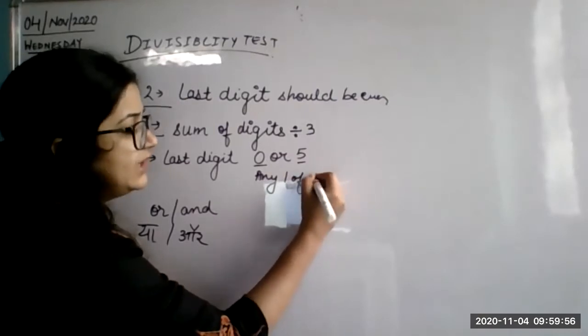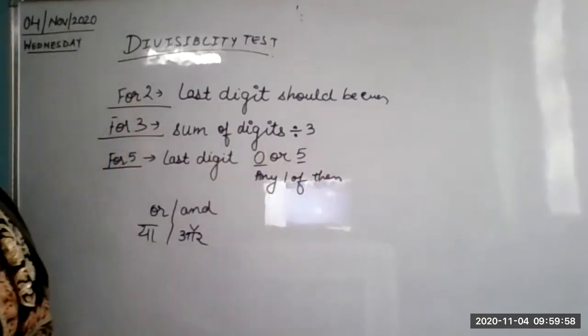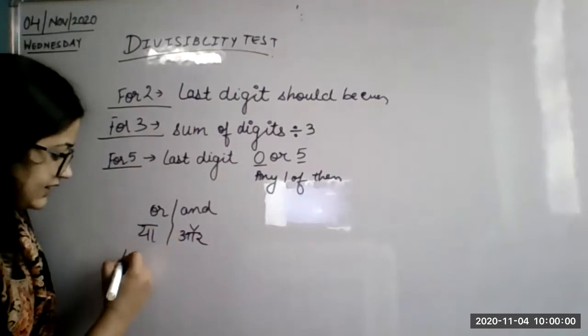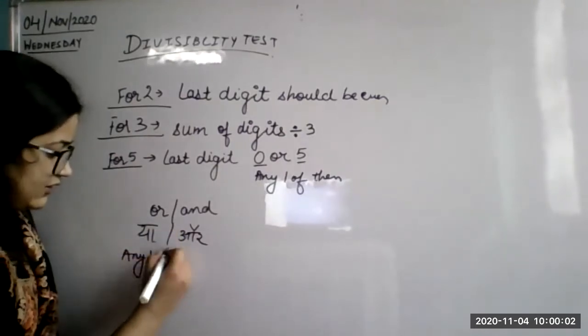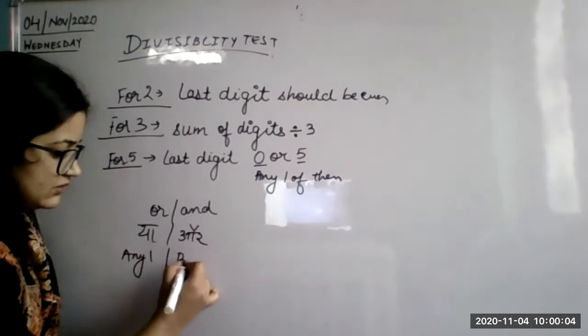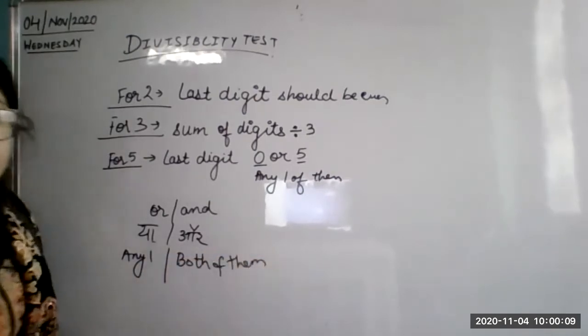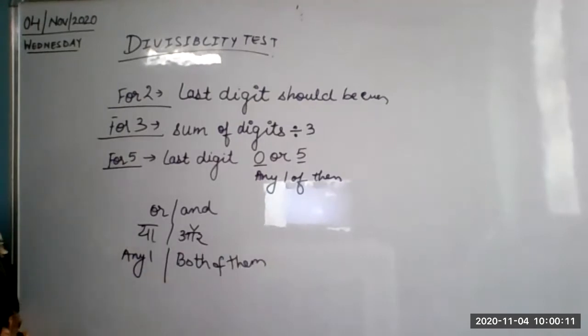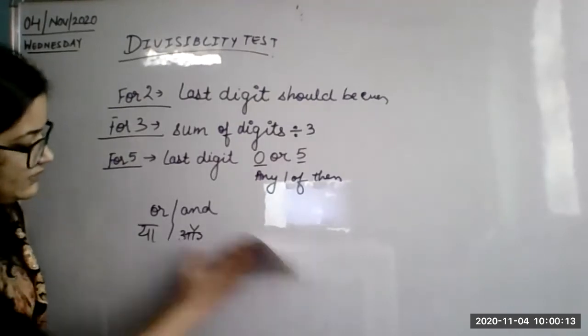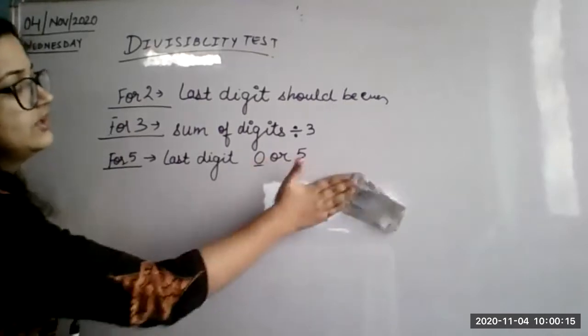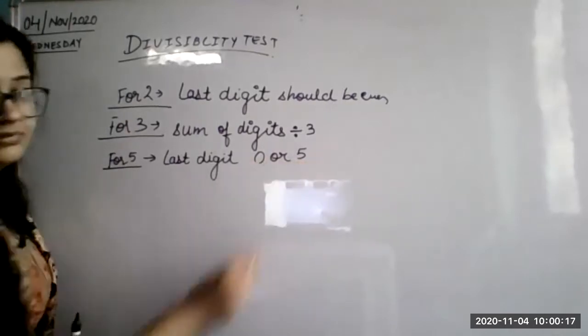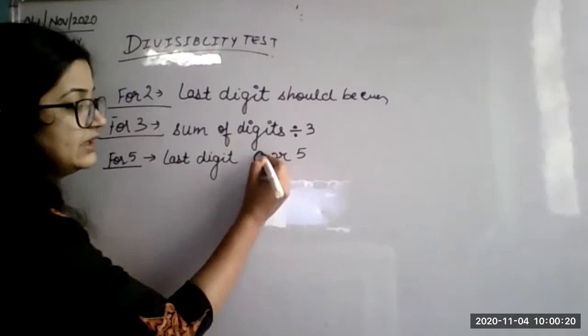And if there would be and, that means both of them should be there. Or may be anyone, or we may have both. Understood the difference between and or? Yes, ma'am. So 0 can also be there and 5 can also be there. It could be anyone. Okay.